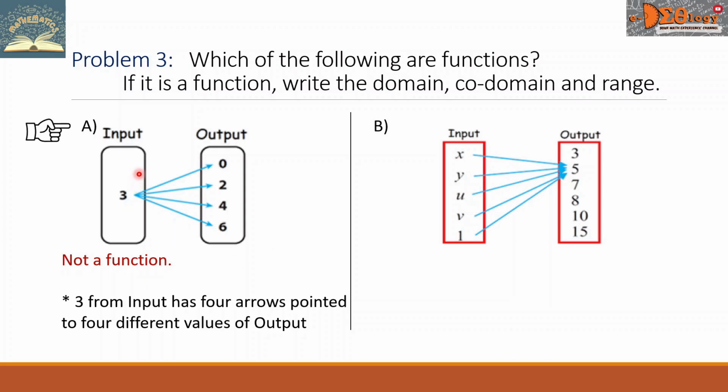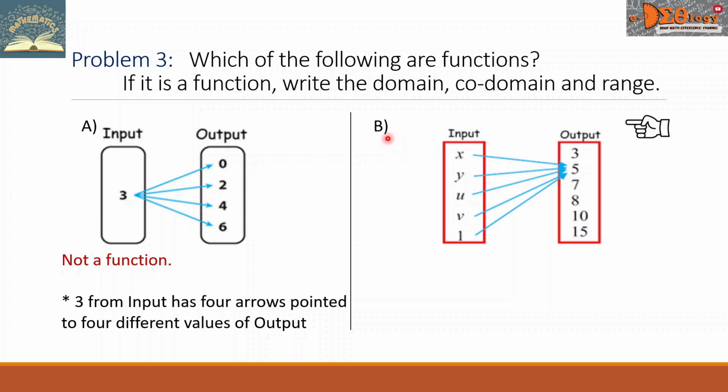As a rule, for every element of the input group, there is only one arrow that points to any element of the output group. Note that this tree from input has 4 arrows pointed to 4 different values of the output group. This is not a function.